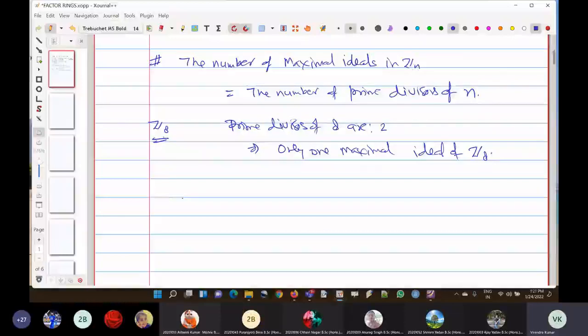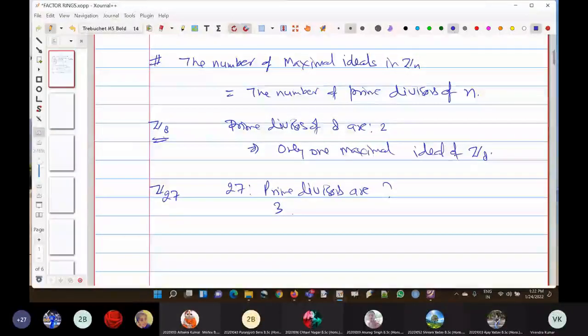All right. So for example, if we take Z27, so what will be the divisors of 27, and prime divisors? 3, what else? 3 divides 27 and then 9 divides, but 9 is not a prime.